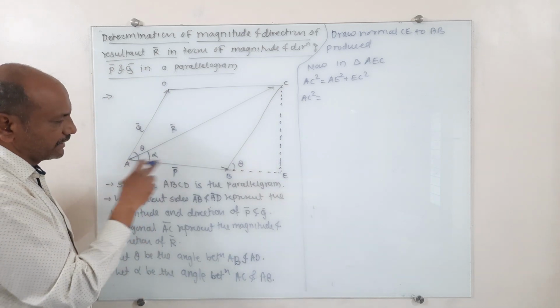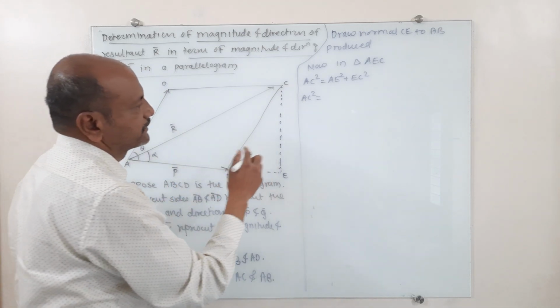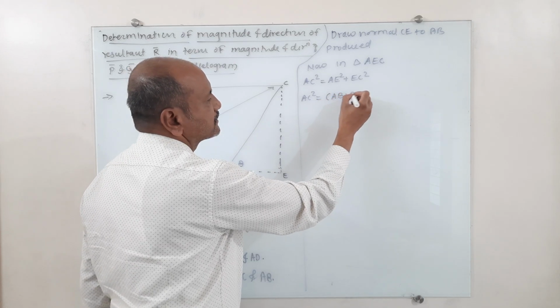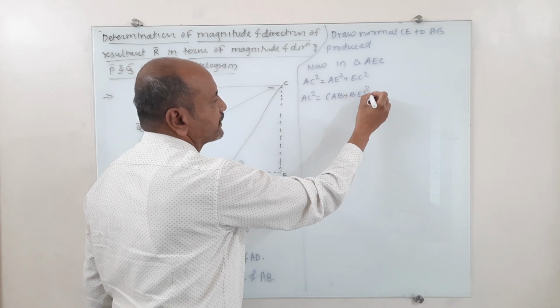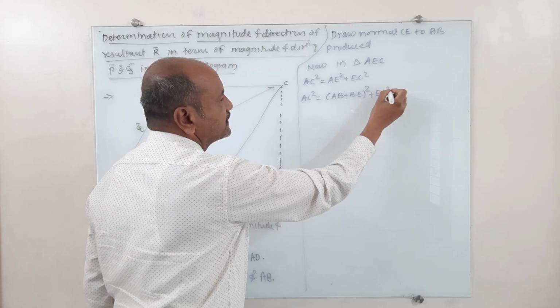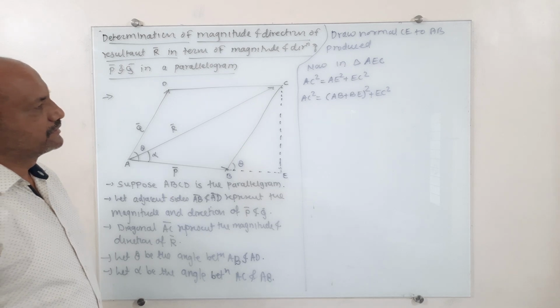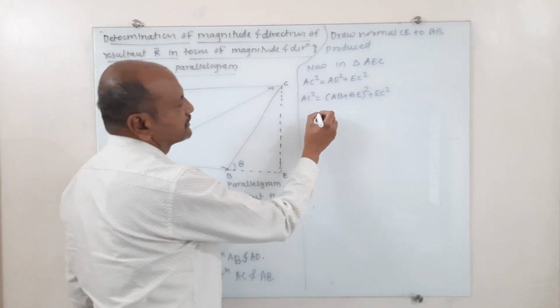AE means AB plus BE. So, (AB plus BE) whole square plus EC square. Solve this bracket.